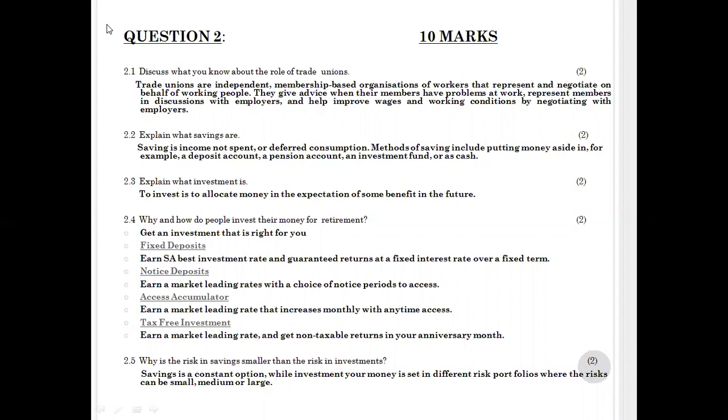If you have mentioned that it's an organization of working people, then 1 mark. And if you have mentioned looking after the problems of the workers, having discussions with employers about the working conditions, negotiating with employers, anything of that kind, then you can give yourself another mark there.